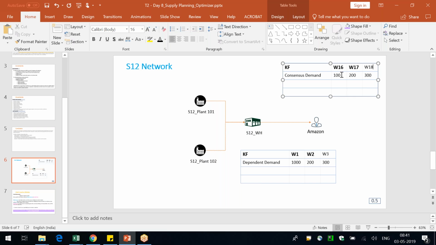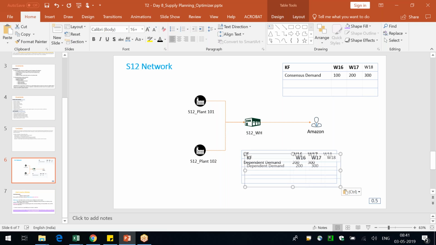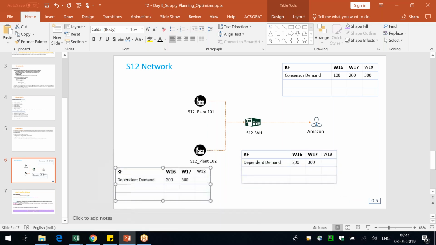To meet the demand of 100, the demand has to hit here by week 15. So this 100 would be gone, but week 17 200 will come to week 16, and week 18 demand will come here, this week 13. So now this would be again propagated back to your supply chain, to the plant here.